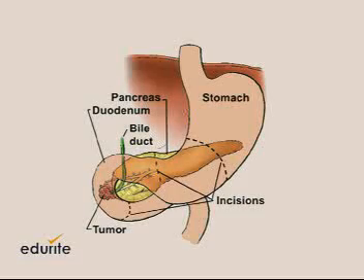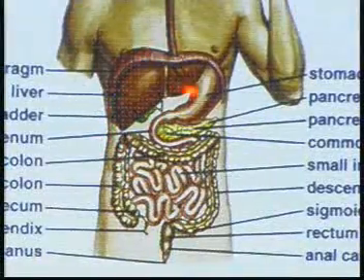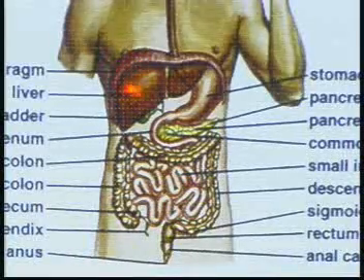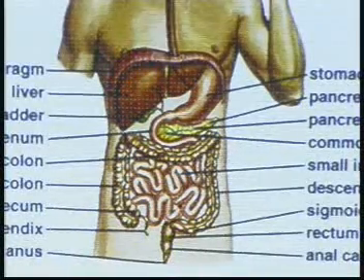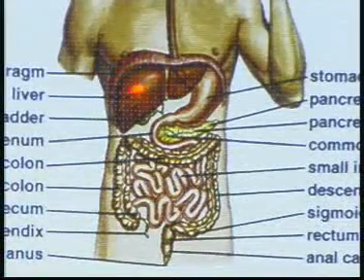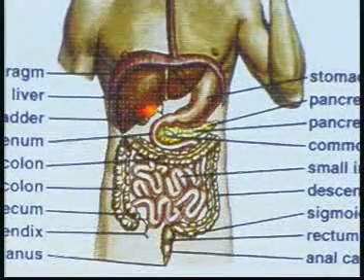Well, duodenum is a very important point for the digestion of food. You can see a huge gland, the liver, 1.4 kgs. It secretes the bile juice. Bile juice contains no enzymes, but it has a vital role to play. The bile duct carries the bile juice to the duodenum.